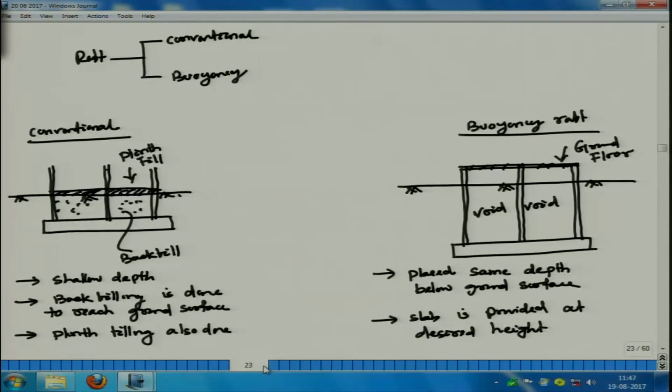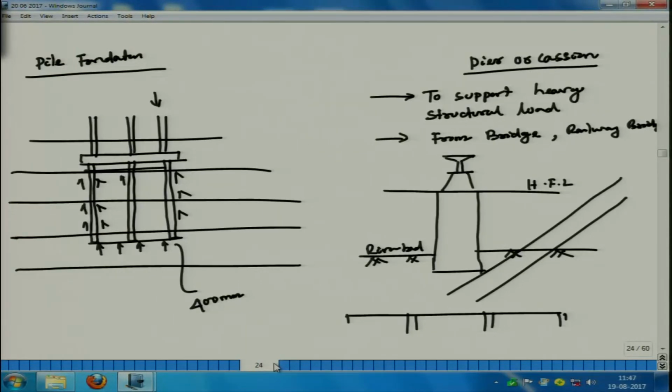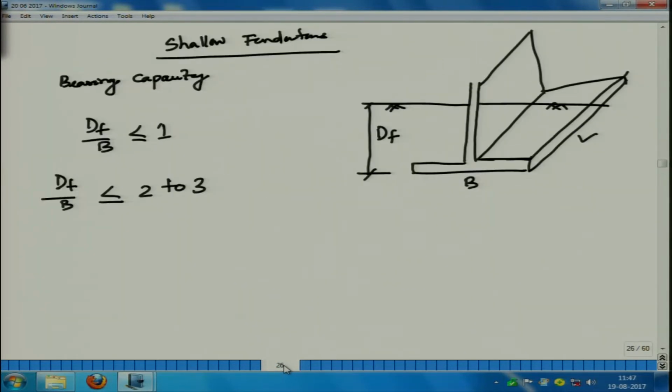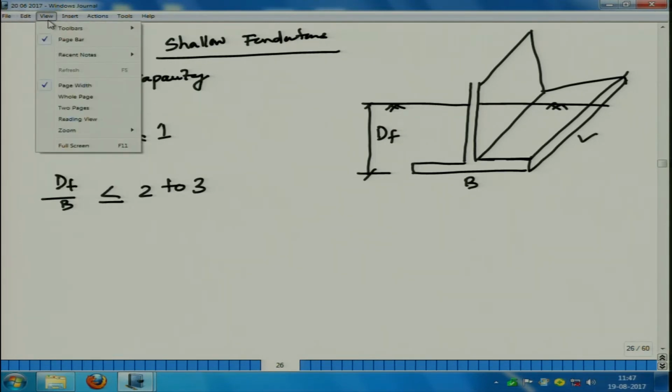Then I covered conventional raft and buoyancy raft, then pile foundations, piers and caissons. Then for shallow foundations, I also started the definitions. If Df by B is, as per Terzaghi, less than or equal to 1, we can say shallow foundation, but it has been modified. If Df by B is between 2 to 3, then it also comes out to be a shallow foundation.